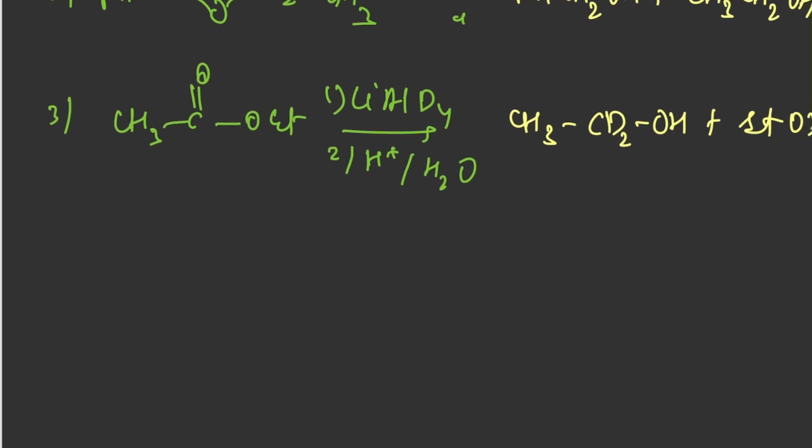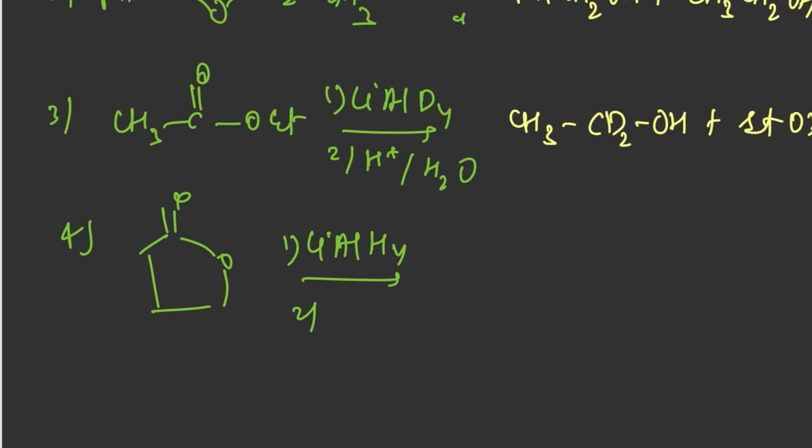Let's talk about the fourth. Fourth, we have a cyclic compound, a cyclic ester. First LiAlH4, second H plus H2O. First H minus will go here and attack here, this bond will come out, so it will form H and O minus.